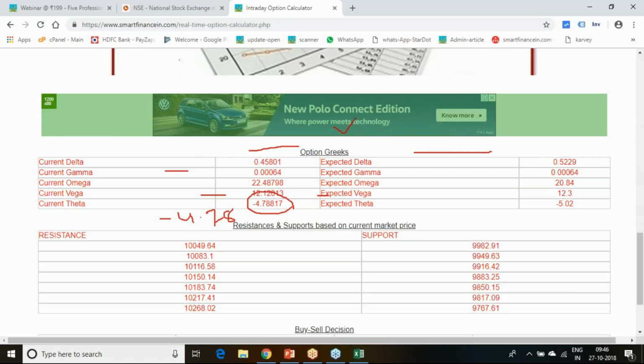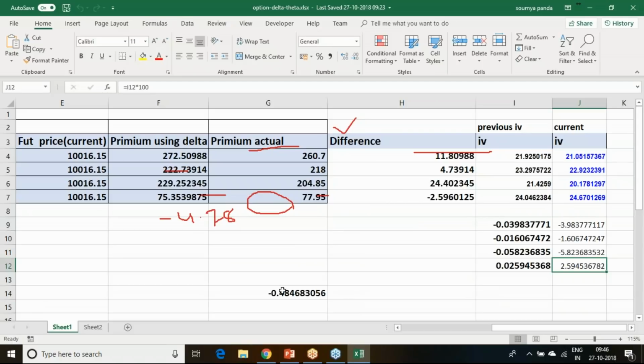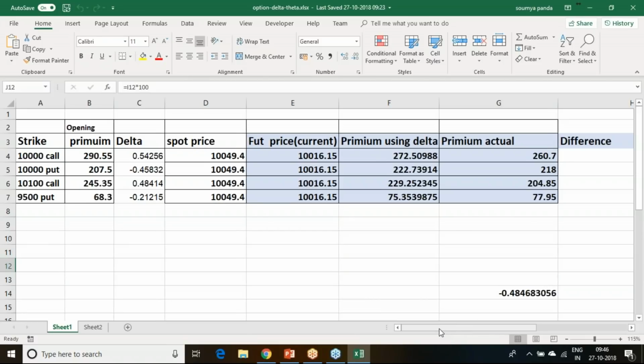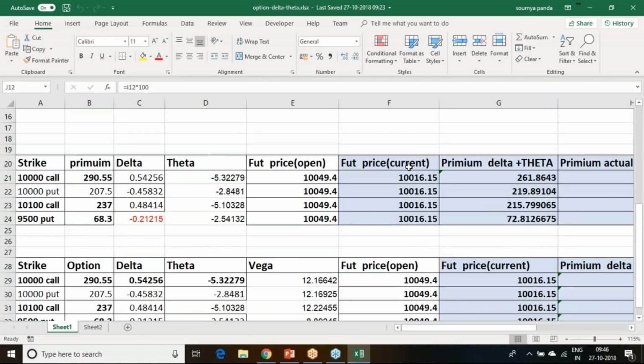I'll show you that. Now coming back to my same Excel sheet, wherein I have just shown you the delta. Now we'll take delta and theta. Same price we have taken, theta we have calculated here. Future price, all things are the same, only theta is being added here.